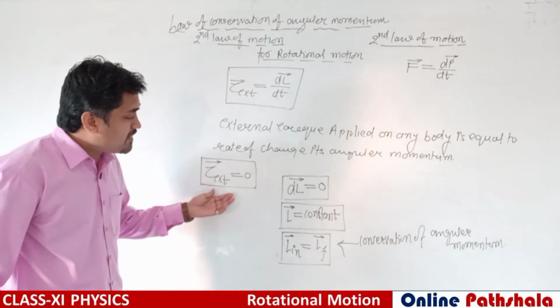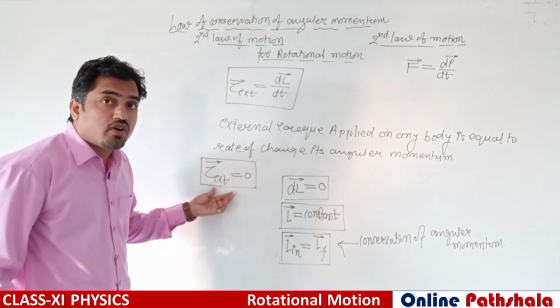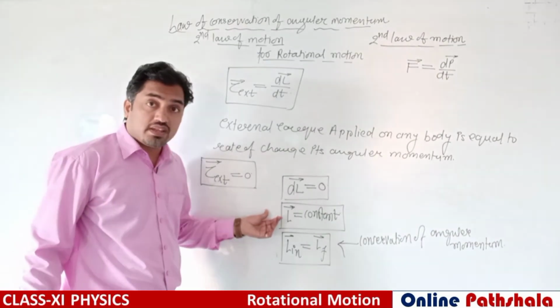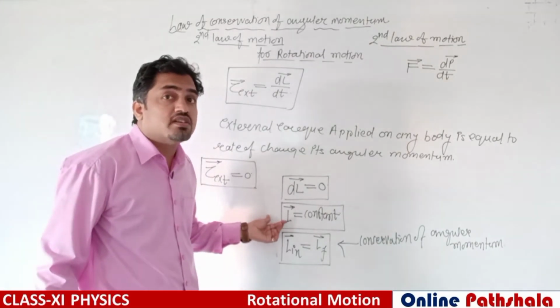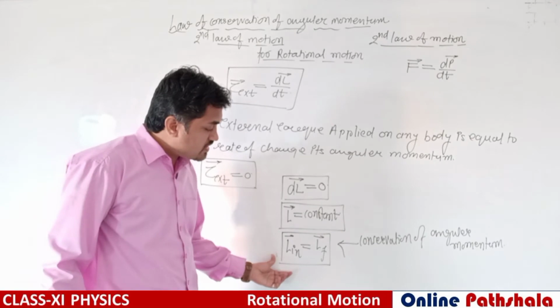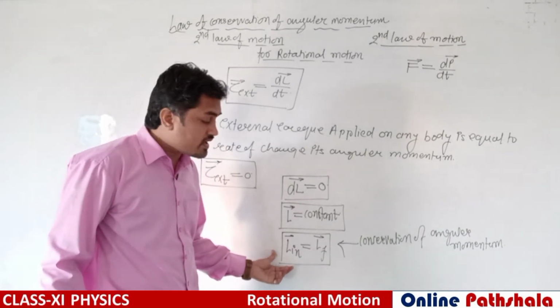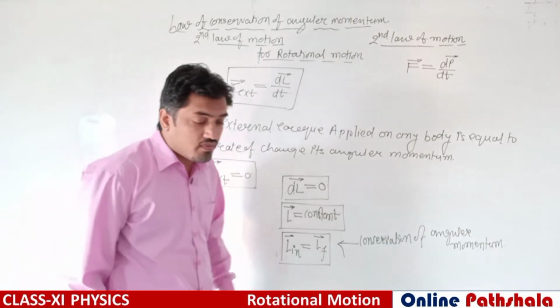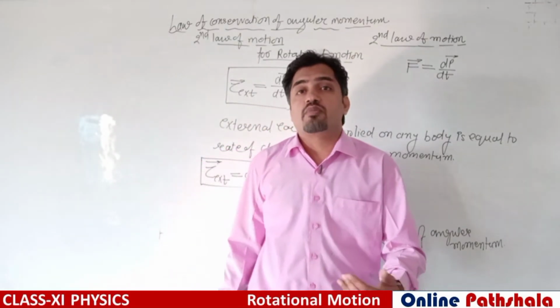If we are not applying any kind of external torque on the body, the angular momentum remains conserved. Initial angular momentum is equal to the final angular momentum. It is the concept of conservation of angular momentum.